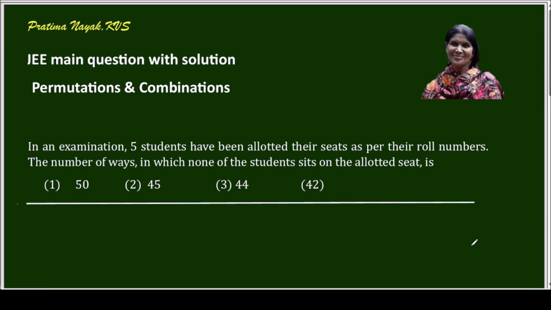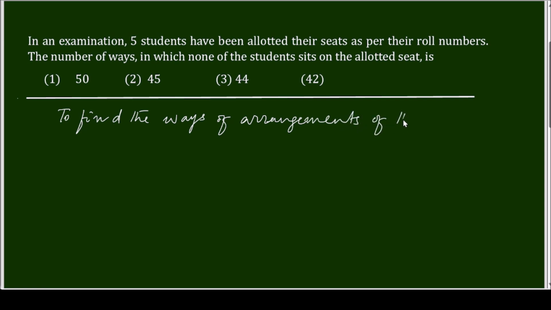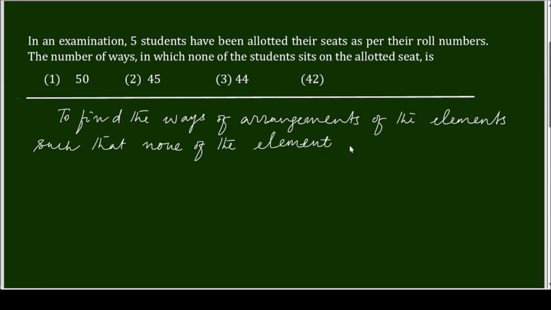So what we have to find? We have to find the number of ways of arrangement of the elements such that none of the elements appear in their original position.